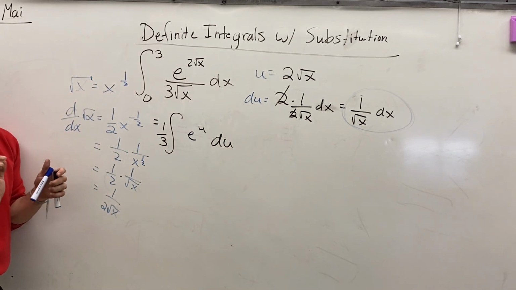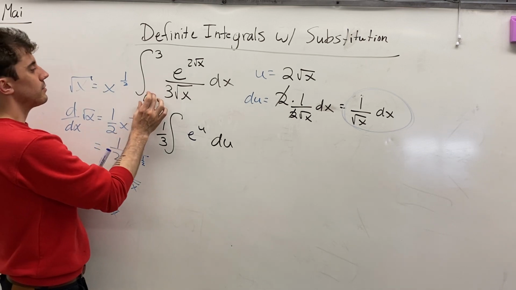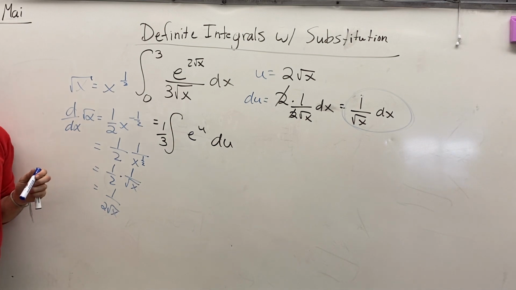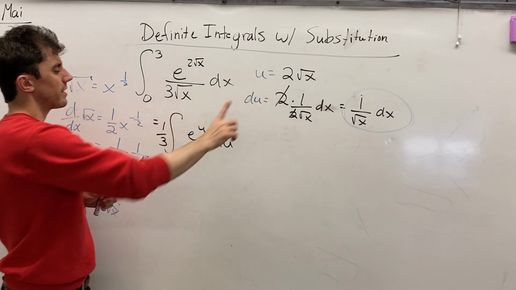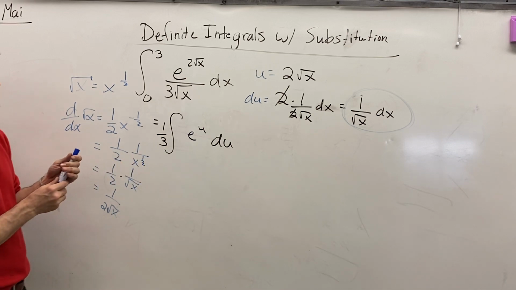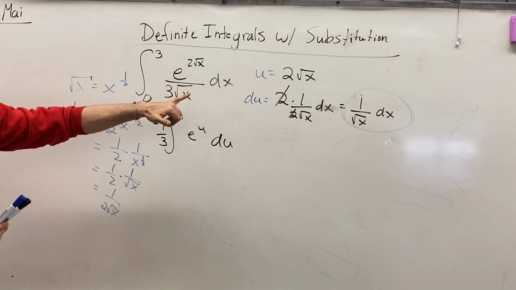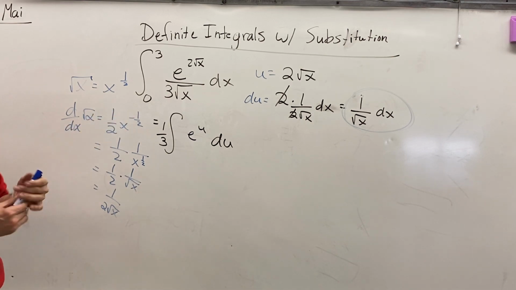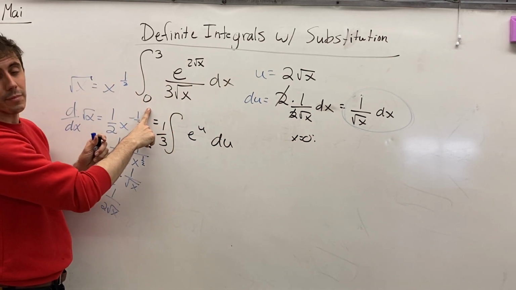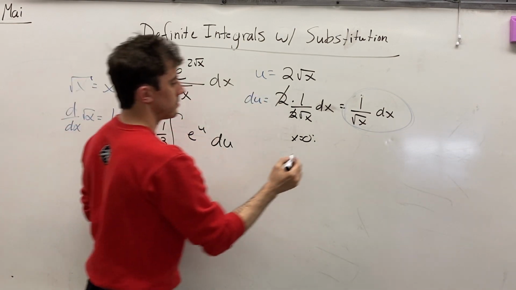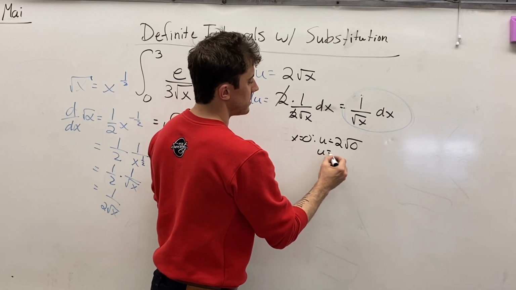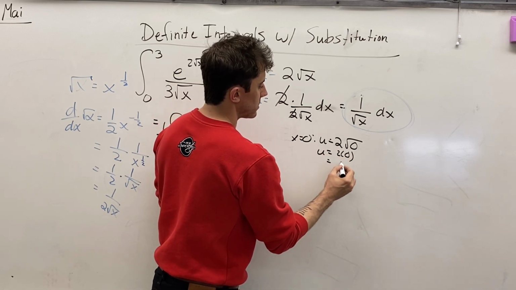The only little note we have to be careful of is that the lower and upper bounds on our integral are now written in terms of u, okay? Sometimes we just leave those in and plug them back in at the very end, or we can make a u substitution. And so if x is 0, which is what we have at the lower bound here, then u is equal to 2 times root of 0, and u is equal to 2 times 0, which is 0.